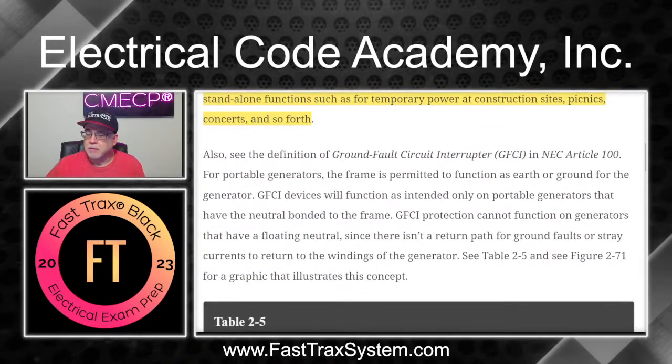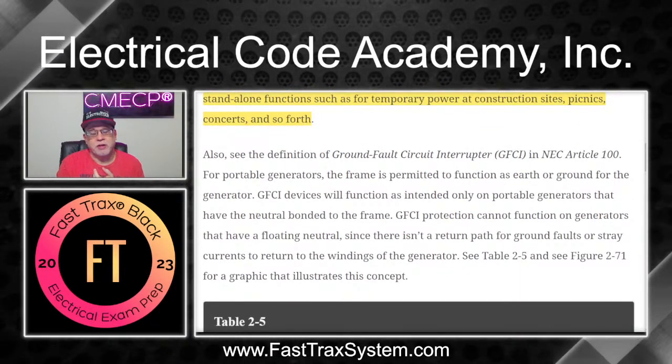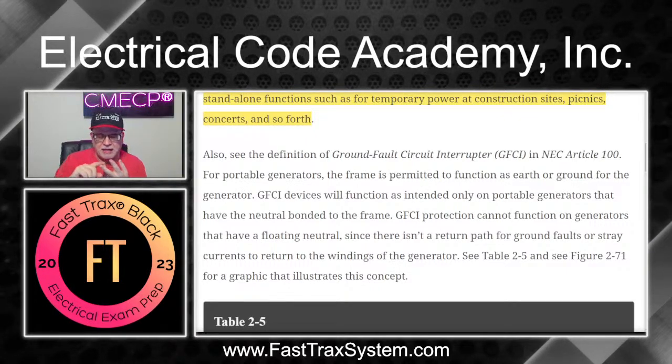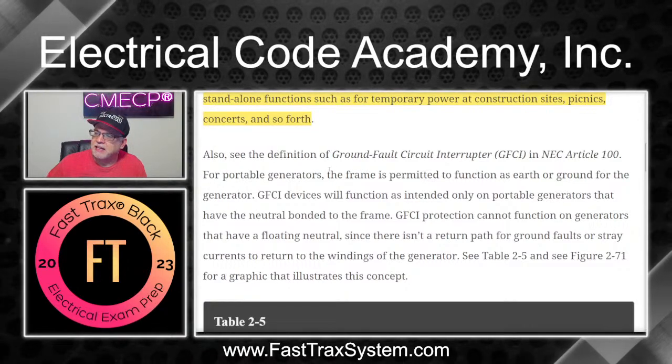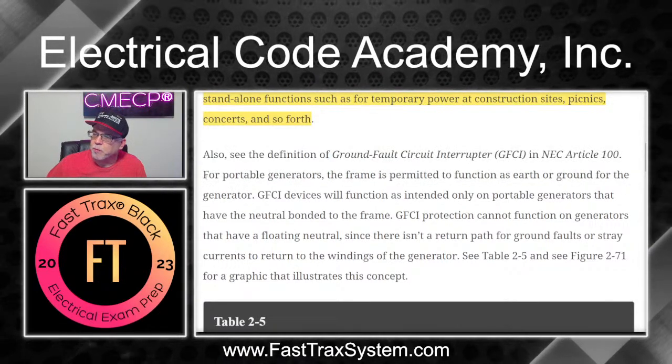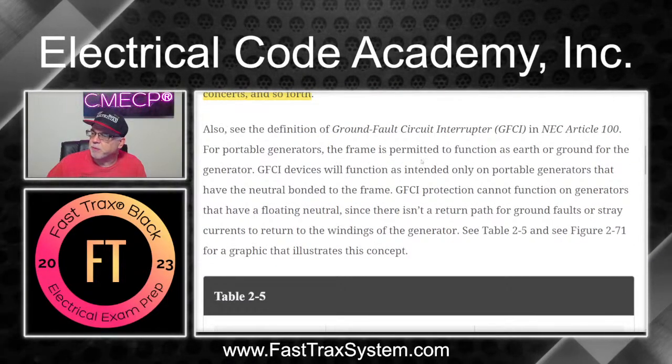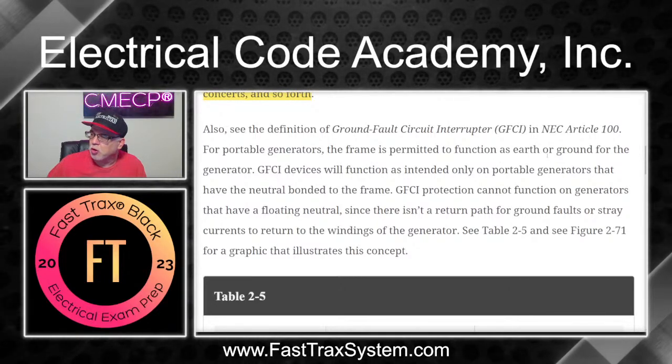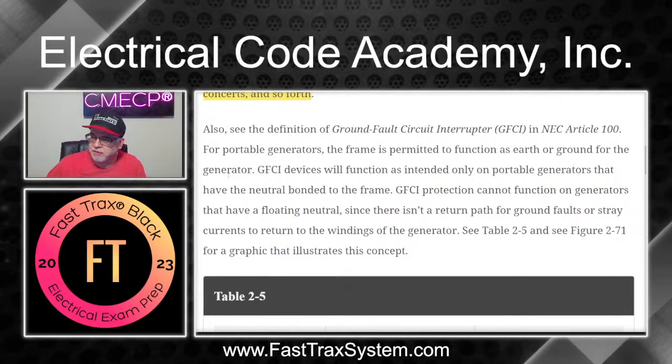Why? Because that's going to allow the overcurrent devices to function properly, and that's going to allow the GFCI devices to function properly on the generator itself. Now, also as defined, the definition of ground fault circuit interrupter in Article 100 is for portable generators, the frame is permitted to function as earth or ground for the generator. Okay?